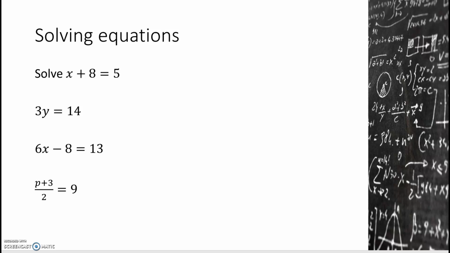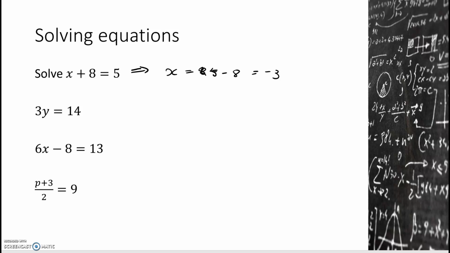Adding and subtracting the same thing to each side, multiplying, dividing by the same number. So for this one here, if we subtract 8 from each side, oops, it's the other way around, 5 minus 8, x equals -3.